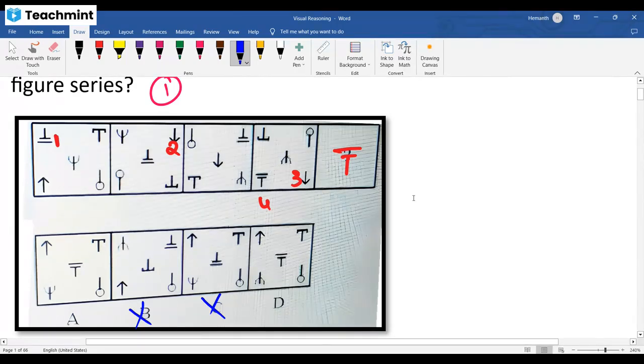It should be like D only, it seems, when it moves from center to other position. Or else you have a look like this. This one goes to top left. It's the same, no change. This one goes to top right, no change. This one goes to bottom right, no change. And this one next should go to bottom left.